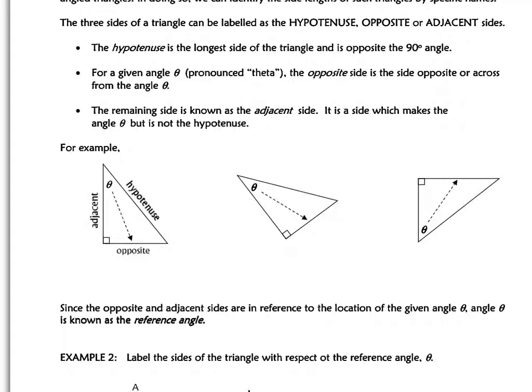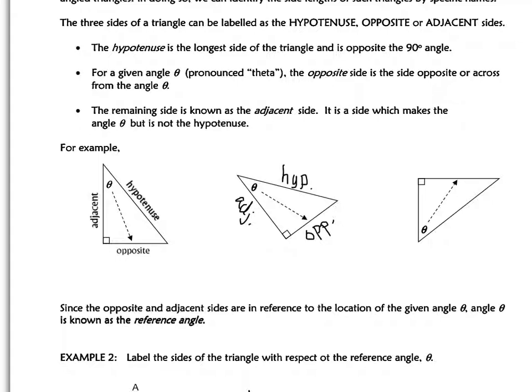So in our second example here, our hypotenuse would be the one that's across from the right angle. And our opposite is the one that's across from the angle of reference that we're talking about. And the side that makes up the angle that isn't the hypotenuse would be called the adjacent.